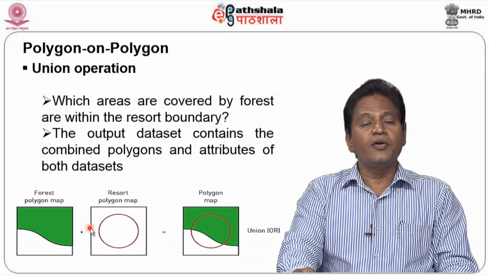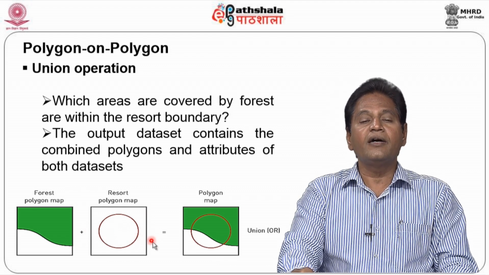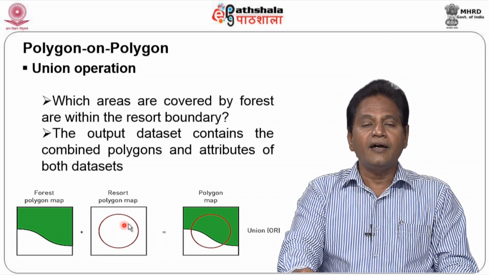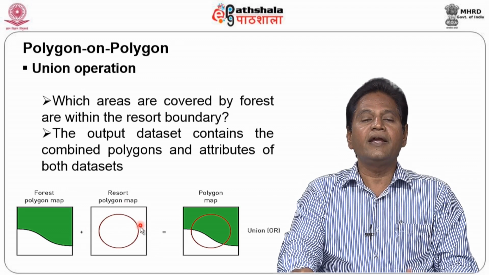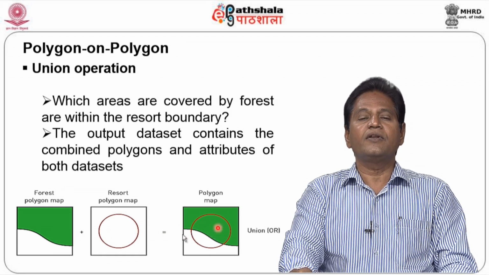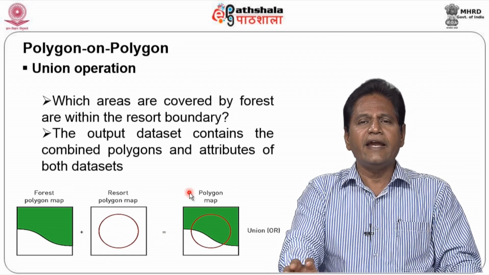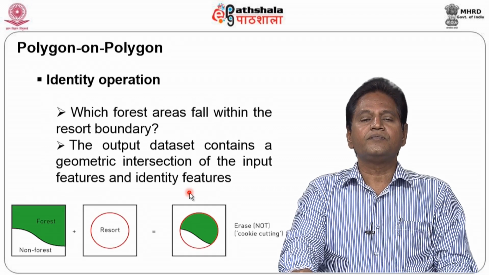One, you can talk about the environmental aspect, the other, you can even discuss using this forest area as an attraction for the tourists. So the data set will contain the combined polygons and attributes of both data sets. That is the best part of it. We will see in detail how effectively you can utilize this.